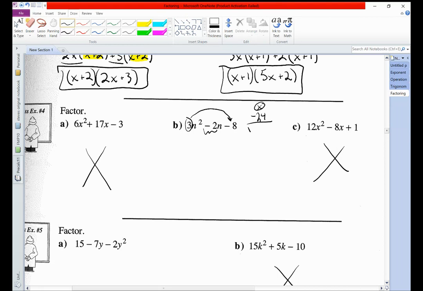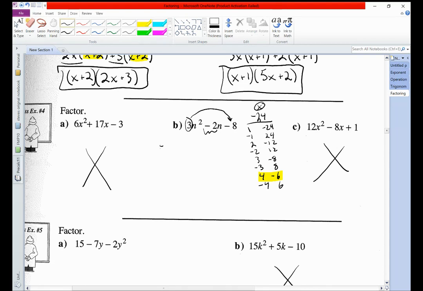So 1 and negative 24, or negative 1 and 24, 2 and negative 12, negative 2 and 12, 3 and negative 8, negative 3 and 8, 4 and negative 6, negative 4 and 6. And it looks like out of all of those, 4 plus negative 6 gets me negative 2.